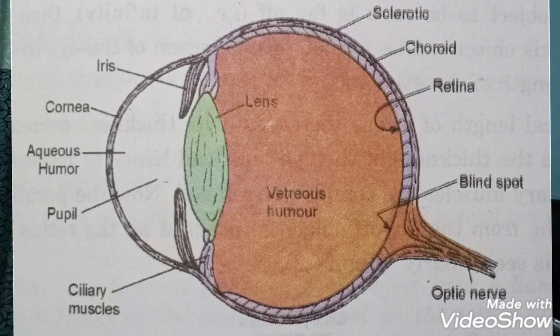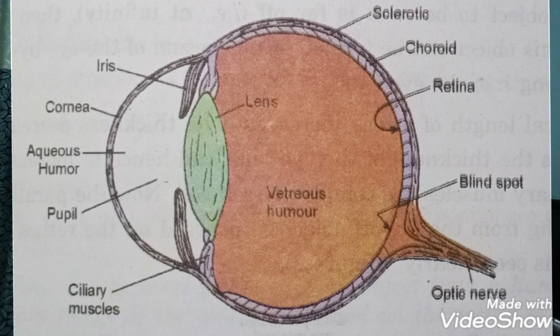Most of the refraction of light entering the eye occurs at the outer surface of the cornea. Now, most of the refraction, that is the bending of the light, takes place at the outer surface of the cornea.